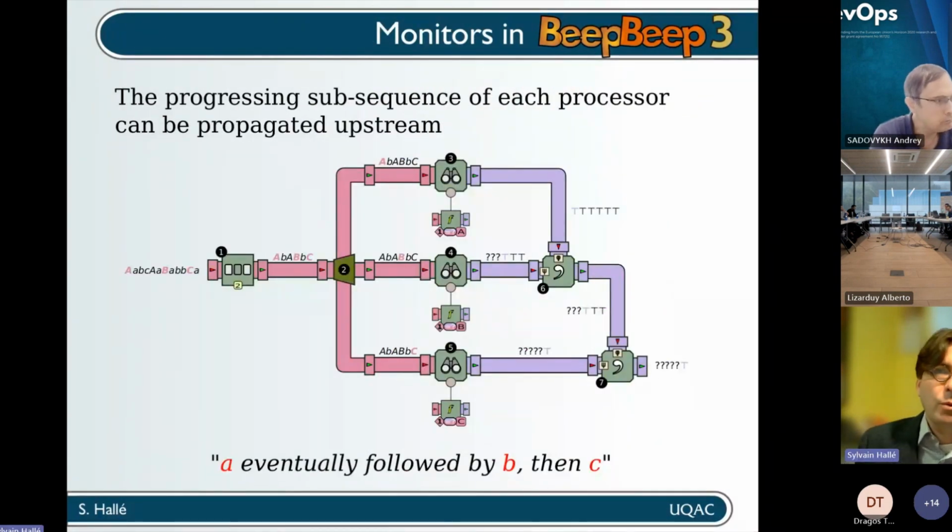So here you see an example where if I give an input stream to this monitor, I eventually get the true verdict at the right of the slide, and then I can retrace which events of the input are relevant to produce this true verdict. And you can see at the left that the three letters that are highlighted, the A, the B, and the C, actually correspond to the three events I need to observe to be convinced that the pattern has been found.